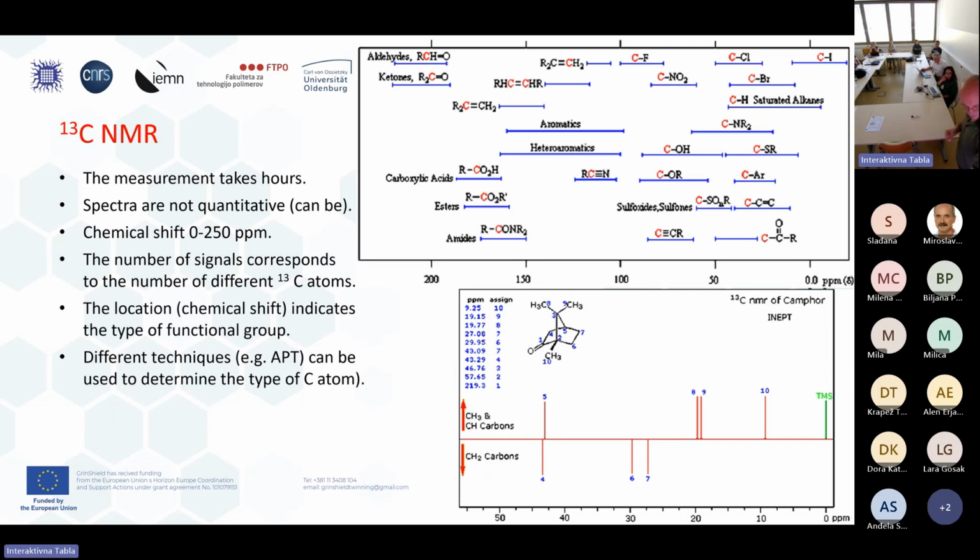For example, this is APT. Here we see a spectrum with some signals on the top and some pointed to the bottom. Those on the top are signals of CH3 groups or CH. Down, there are CH2, and quaternary carbons are also turned down. So this also helps us to get easier access to our structure.